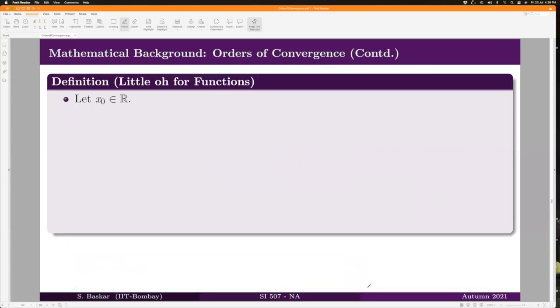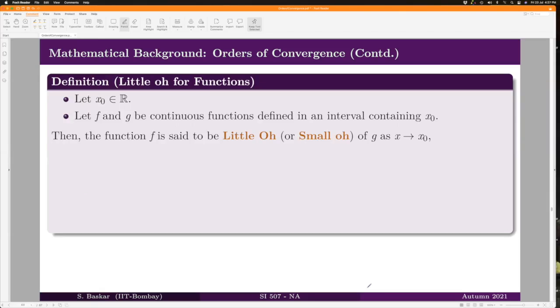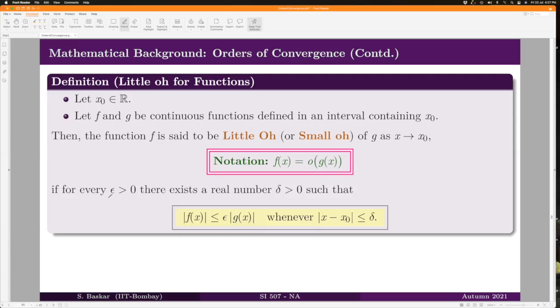Now let us pass on to the definition of little o for functions. Let x0 be a real number and let f and g be continuous functions defined on an interval containing x0. Then the function f is said to be little o or small o of g as x tends to x0, written f of x equals little o of g of x as x tends to x0, if for every epsilon greater than 0, there exists a real number delta such that this inequality is satisfied in a small neighborhood of x0.